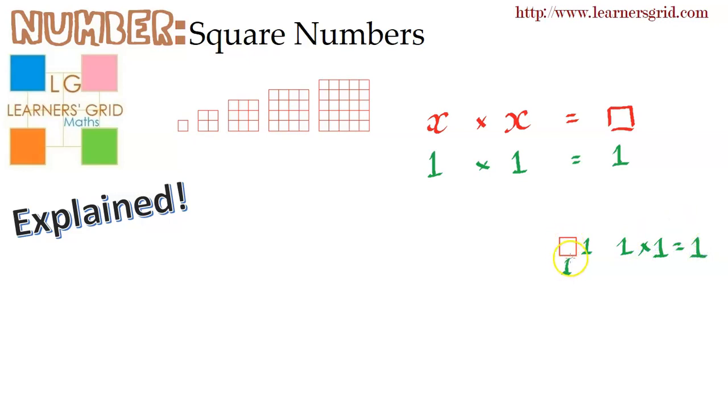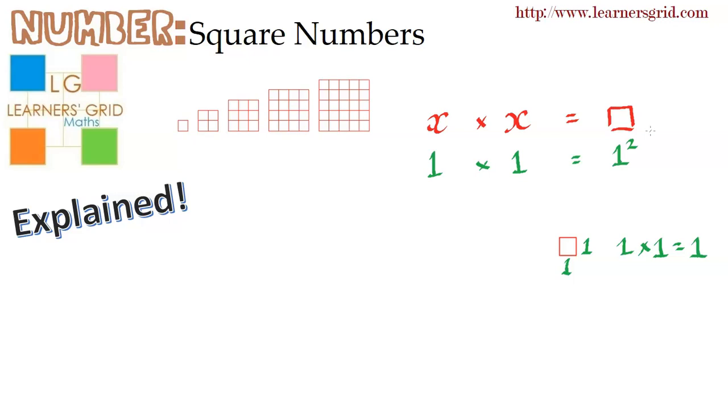And how many squares do I have in total? Well, there's 1 square, as you can see. And so this becomes a square number. So another way to express this is to say 1 squared.